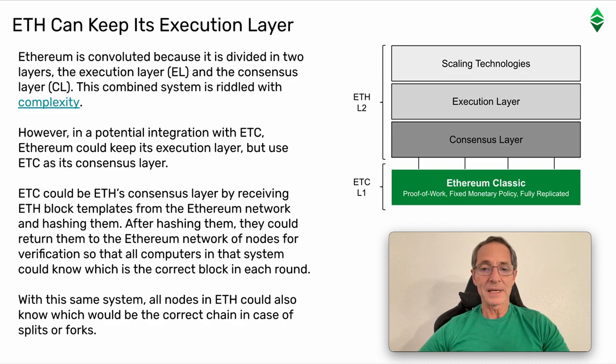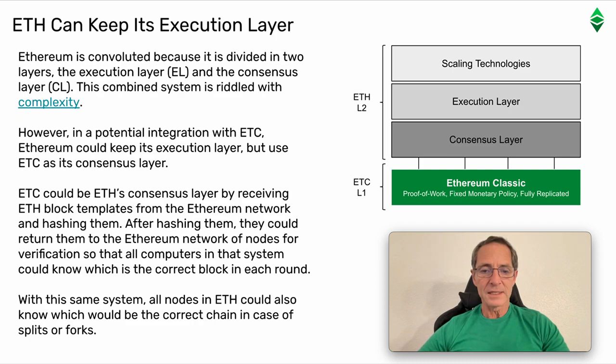Ethereum can keep its execution layer. Ethereum is convoluted because it is divided in two layers, the execution layer, EL, and the consensus layer, CL. This combined system is riddled with complexity. However, in a potential integration with ETC, Ethereum could keep its execution layer but use ETC as its consensus layer.